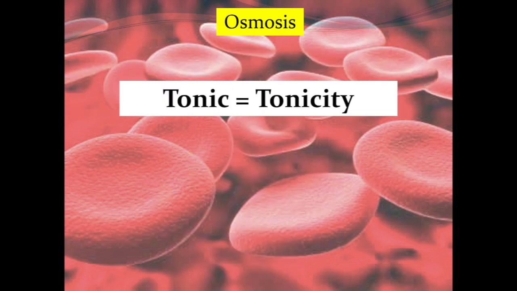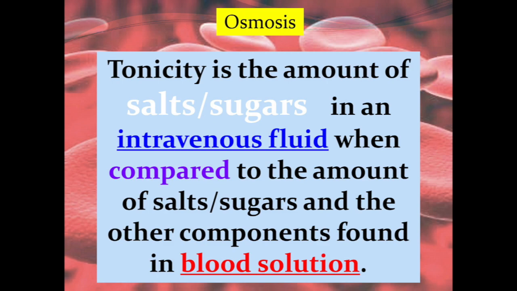So tonic and tonicity are 2 other words that we're going to use. If we define tonicity, it's the amount of salts and, again, the low molecular weight sugars in an intravenous fluid. And we compare that to the salts and the sugars found in the blood.